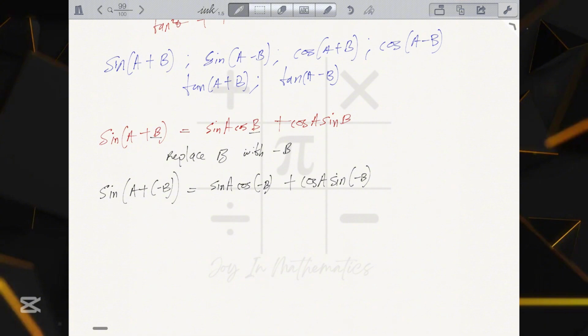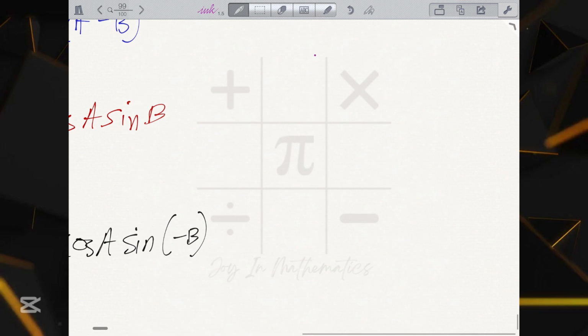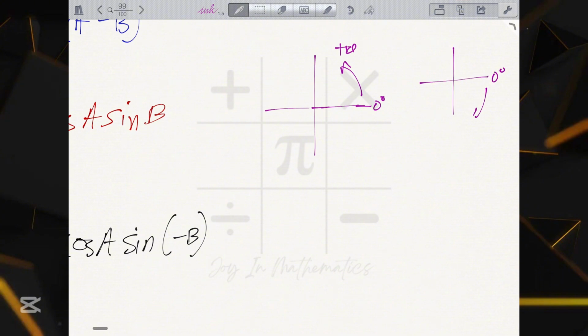Now this will bring us to the concept of positive angles and negative angles. We understand that positive angles move from the zero region, the positive x-axis, in an anti-clockwise direction, and negative angles move from the zero region in the clockwise direction.